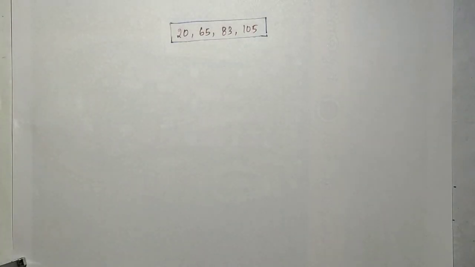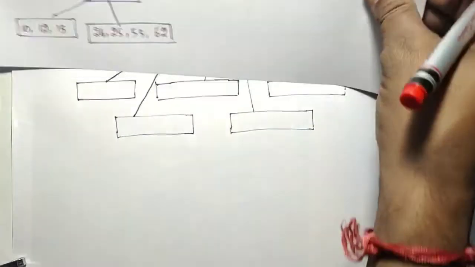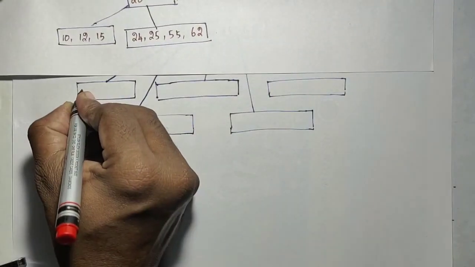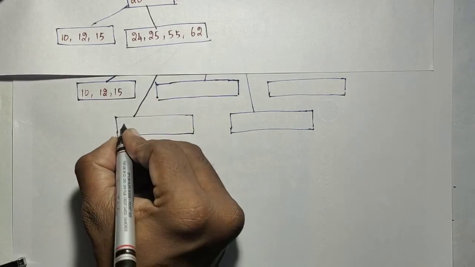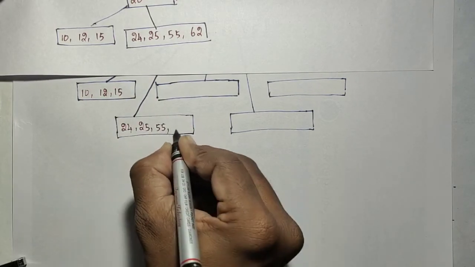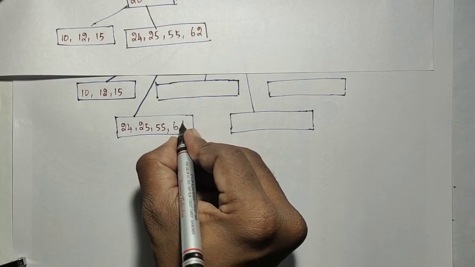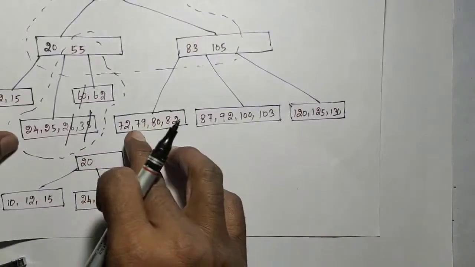So the final tree will become left, 20 left and right: 10, 12 and 15, 24 and 25 and 55 and 62. And here these three will be continued.